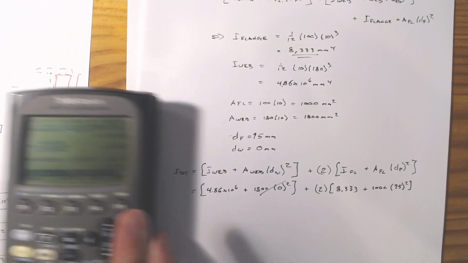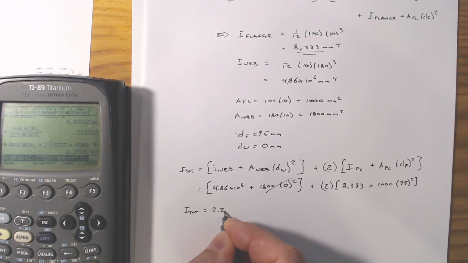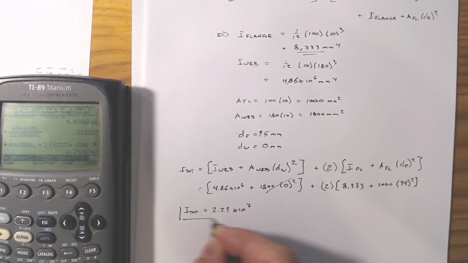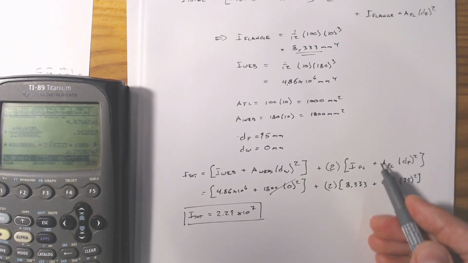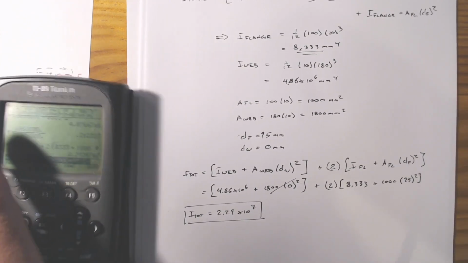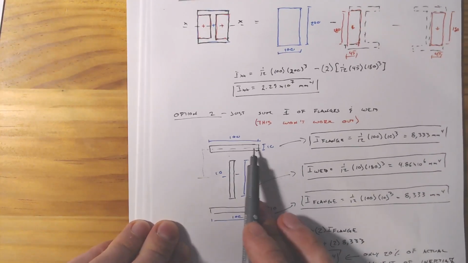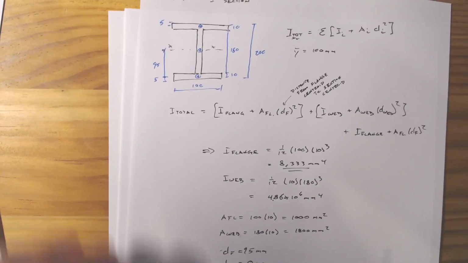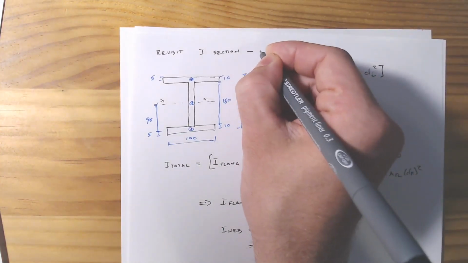And we get just the same as we did previously: I total equals 2.29 times 10 to the 7th. So it was this portion here, this A d squared, which is the missing 80% of what we needed. And really it was all about the effort to move these flanges around the centroid.